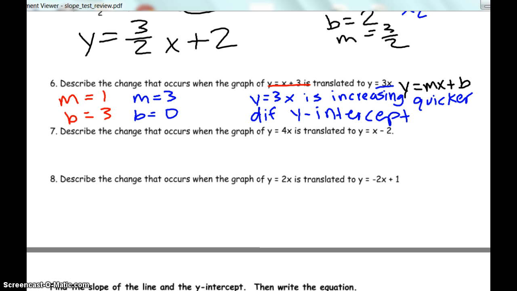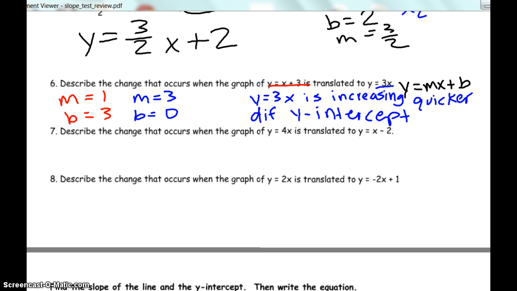We have the same idea for number 7. Describe the change that occurs when the graph of y equals 4x is translated to y equals x minus 2. Our original graph has a slope of 4 and our new graph has a slope of 1. So this time, instead of getting steeper, it was getting flatter. It leveled out a little bit. We went from making big jumps, big steps, to small steps.